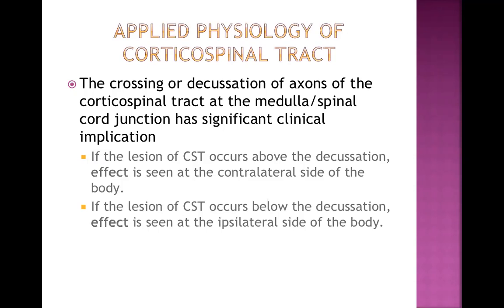If the lesion occurs below the decussation, then the effect is seen on the ipsilateral side of the body, because the crossing over has already happened. After that there is no more crossing over. That's why wherever the lesion occurs, the same side paralysis will occur.